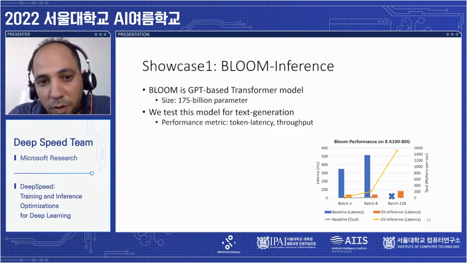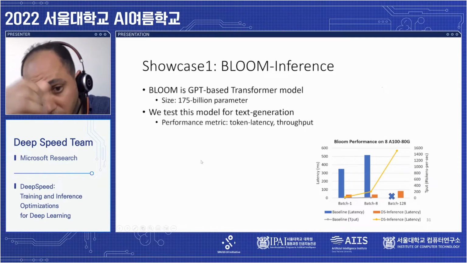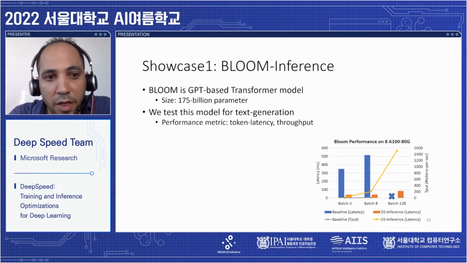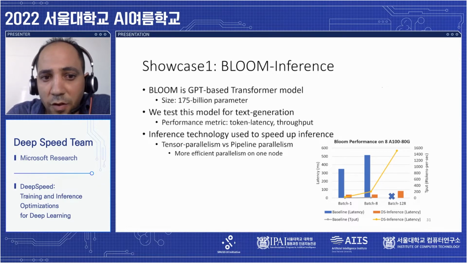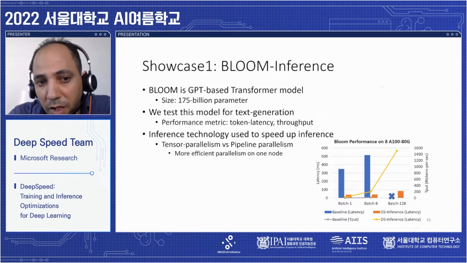As the performance metric on this figure, we are showing the latency and the throughput for different batch sizes, comparing the baseline, which is a PyTorch implementation, with DS inference. The inference technology that we use to speed up the inference is, first, tensor parallelism versus the pipeline parallelism that was used during training. That gives us more efficient parallelism on one node.